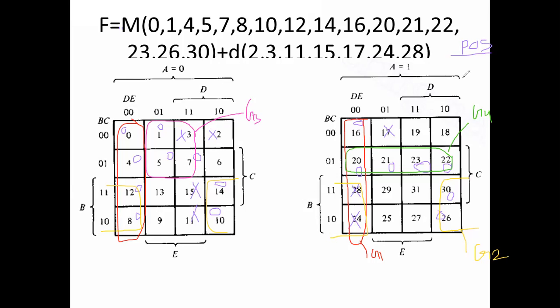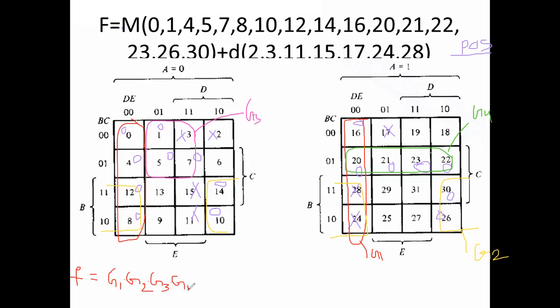This belongs to POS form. That's why, what is the function? Reduced function f is equal to C1, C2, C3, C4.